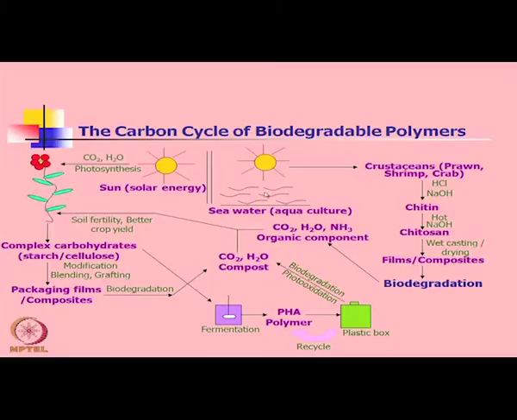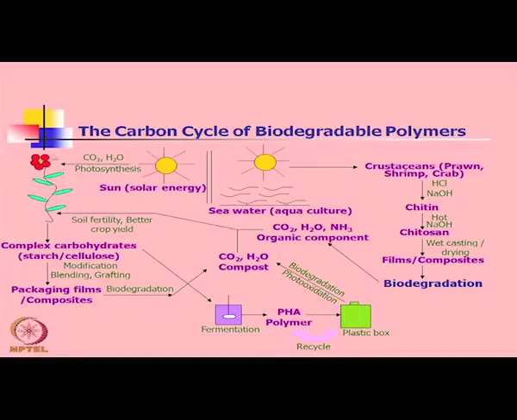Now, here you see, in the plant kingdom, the plant bodies are synthesized in nature by the photosynthesis process through the absorption of solar energy in the presence of carbon dioxide and water.